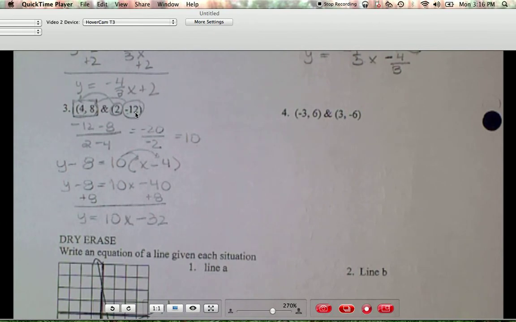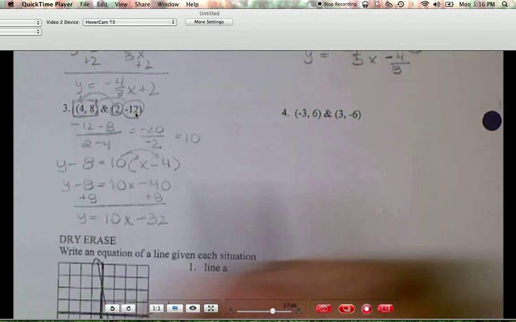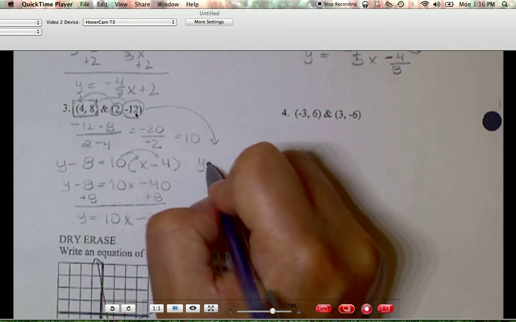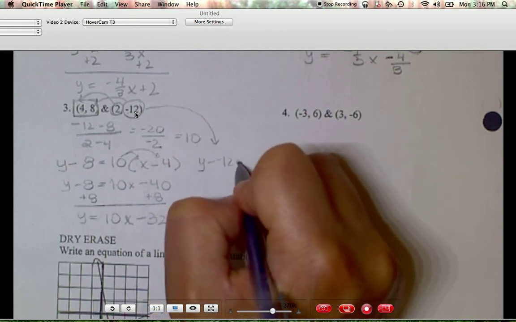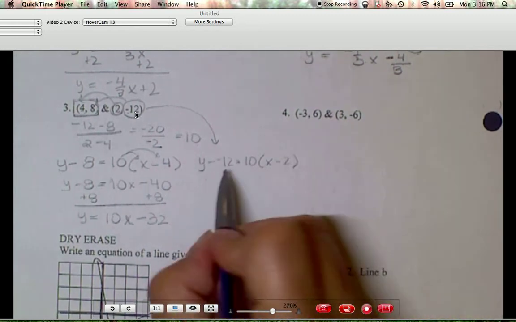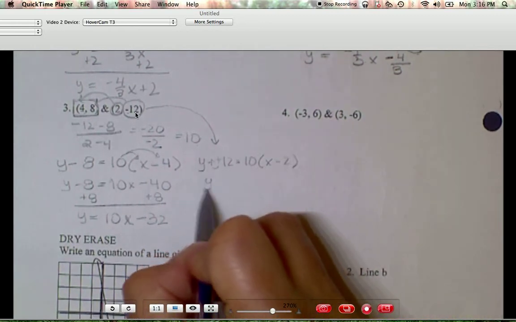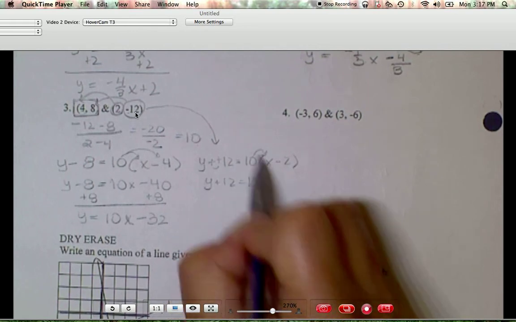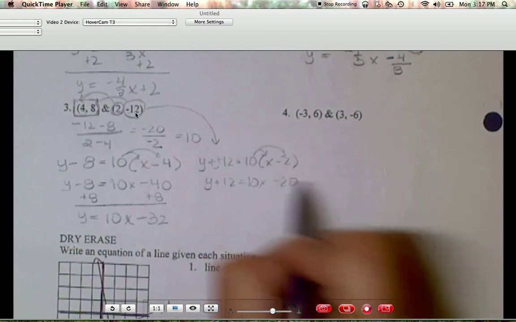Actually, let me show you the work if you chose the other point. So now if we choose this point, y minus a negative 12 equals 10 times x minus 2. So this we would make positive, so we get y plus 12. This will give us 10x minus 20.